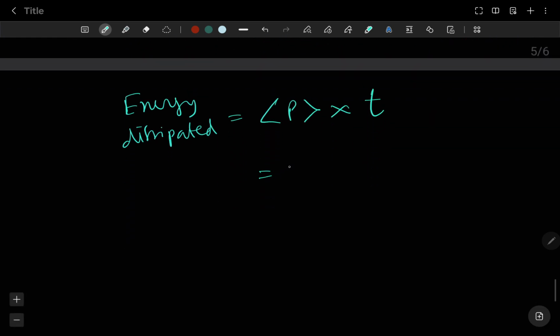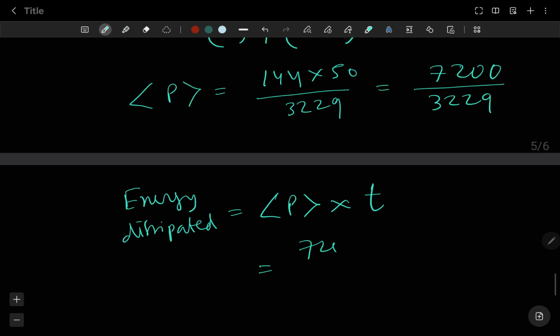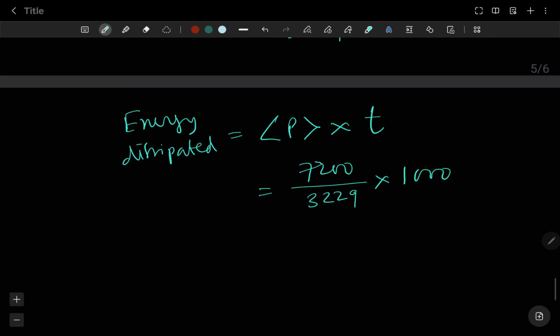Time is 1000 seconds. So it is nearly 70 by 37 by 3, so it is 2000 joule nearly.